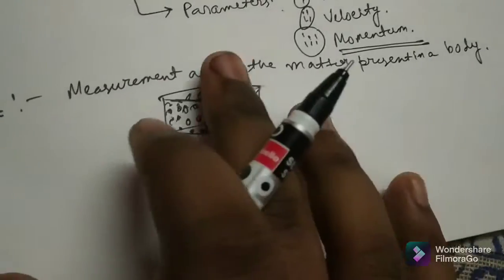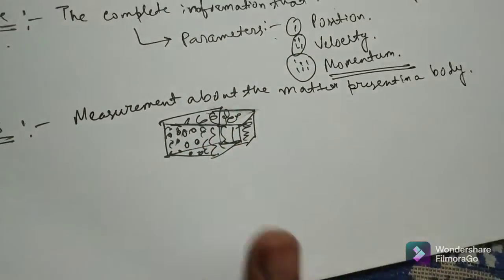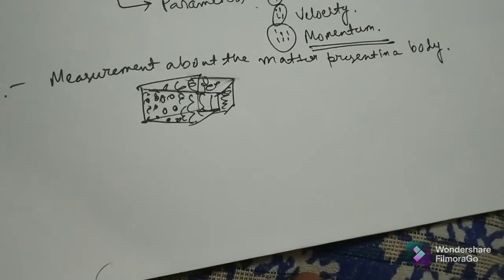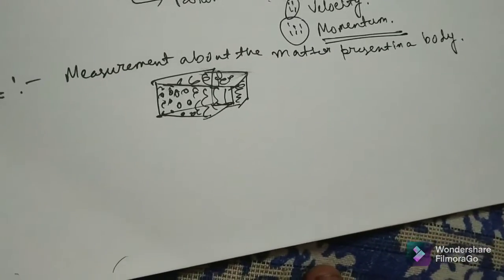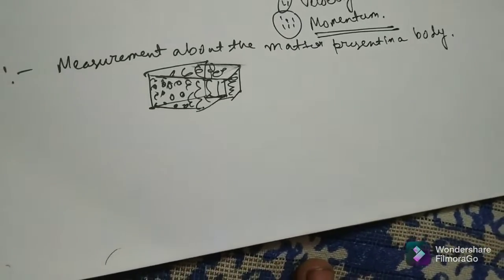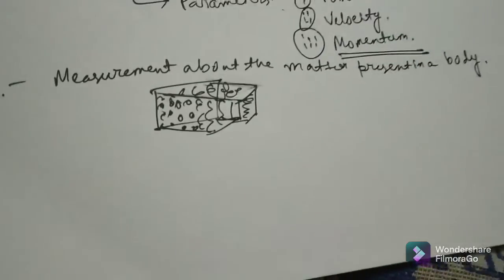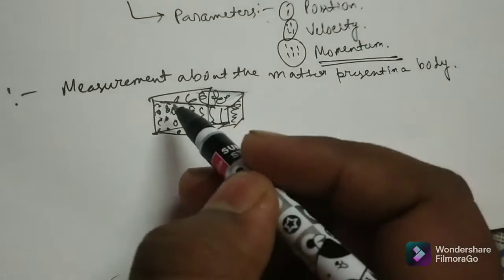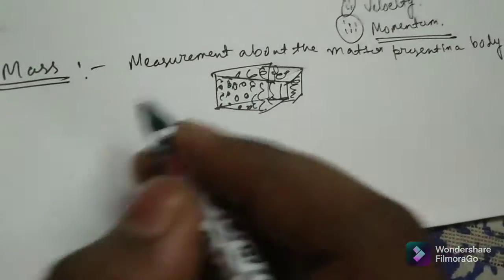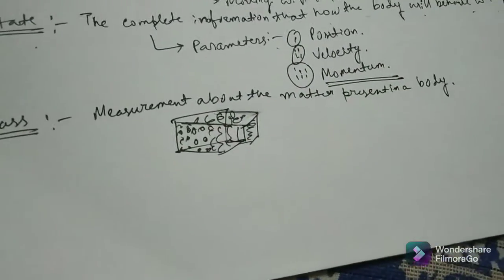So the quantity of matter present here is the theoretical definition of mass, actually. Also, the more the mass of the system, the more will be the inertia of the body.